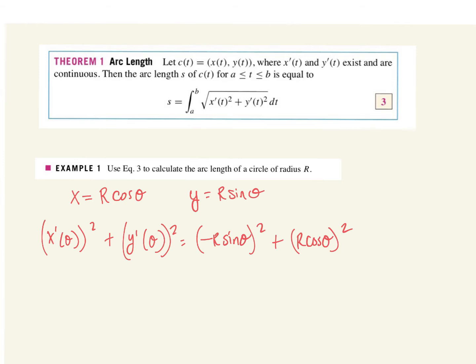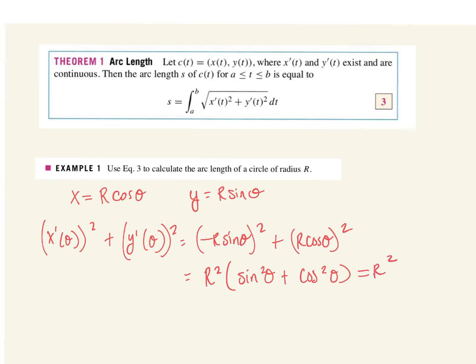There will be several times throughout this chapter where we do pull some trig identities. Sometimes they're as easy as sine squared plus cosine squared, sometimes they're not. But ultimately I have an r squared that I could factor out from both of those terms. So then I'm just looking at r squared times 1, or r squared.